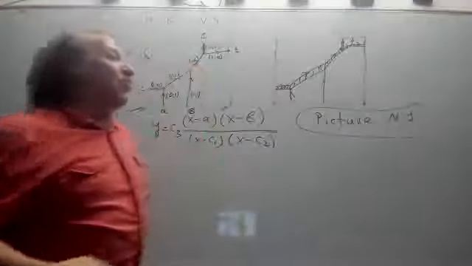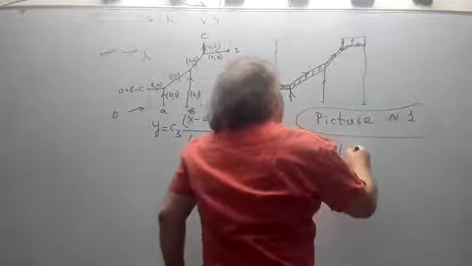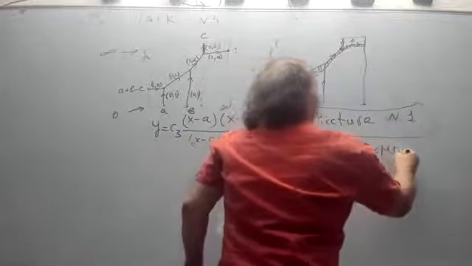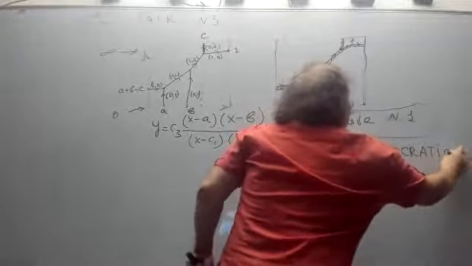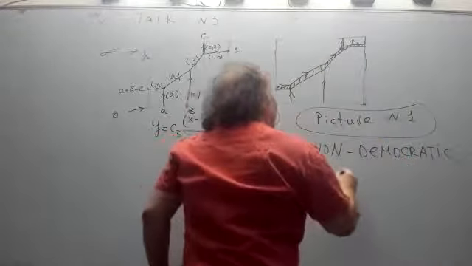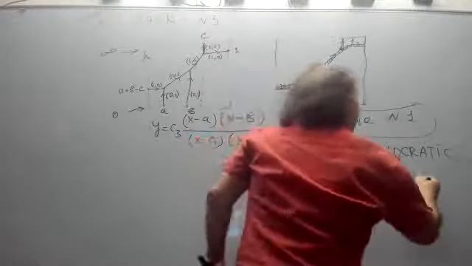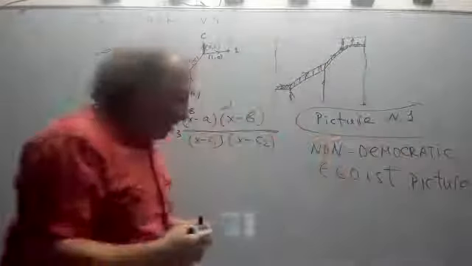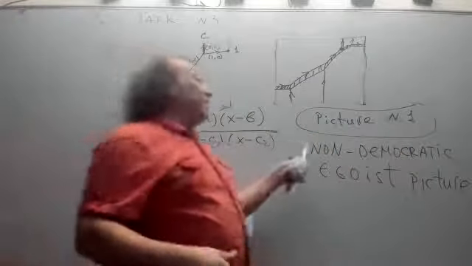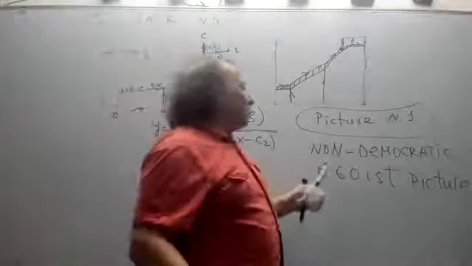Later on, I'll try to explain you that this is non-democratic picture. Egoist picture. But you see, before we go to democratic or universal picture, we should start with the egoist picture.